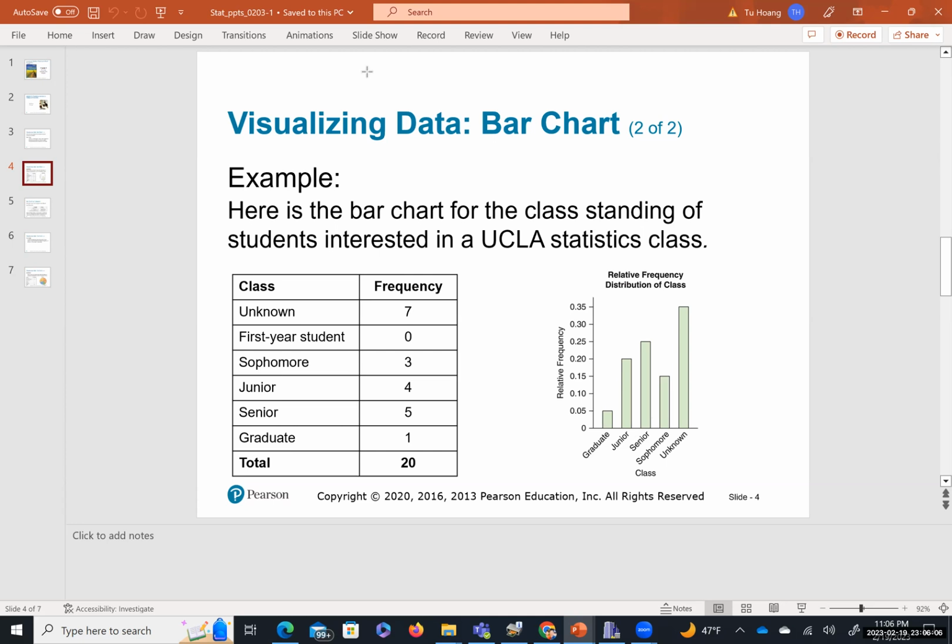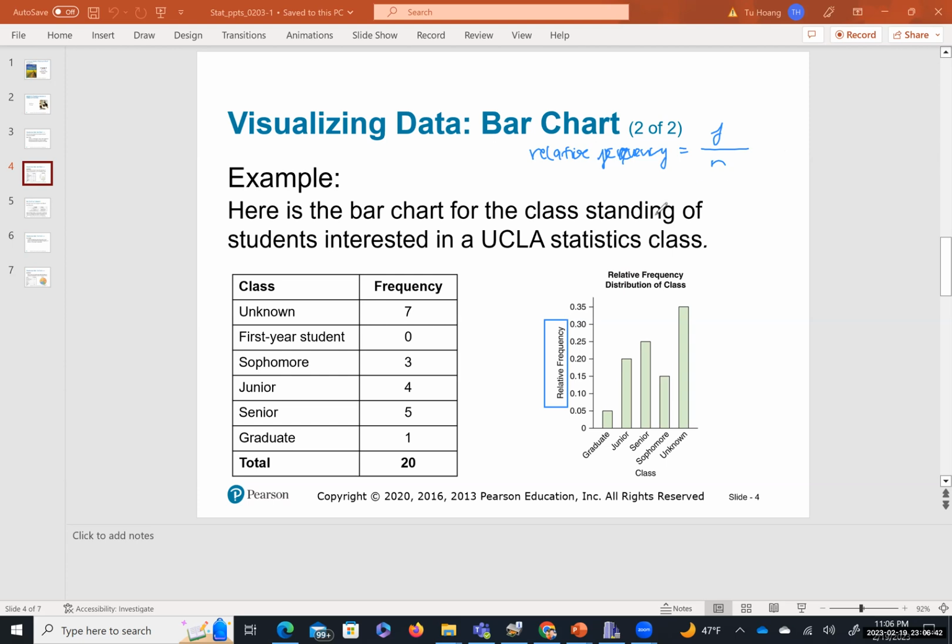Keep in mind that this histogram is for relative frequencies. Relative frequency will be equal to frequency divided by sample size.